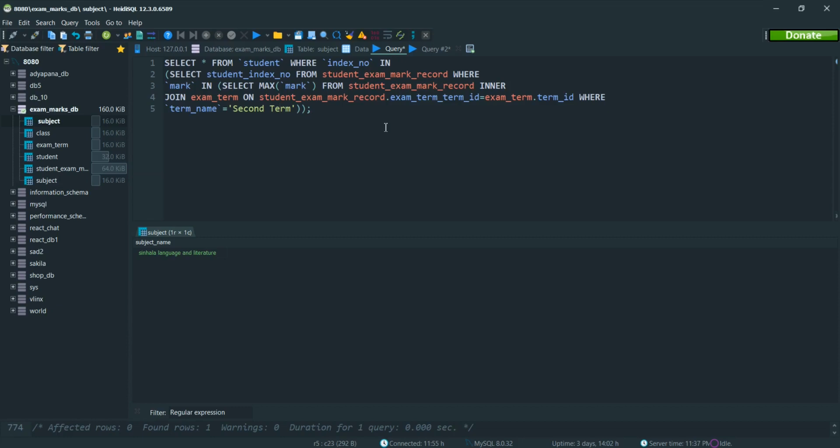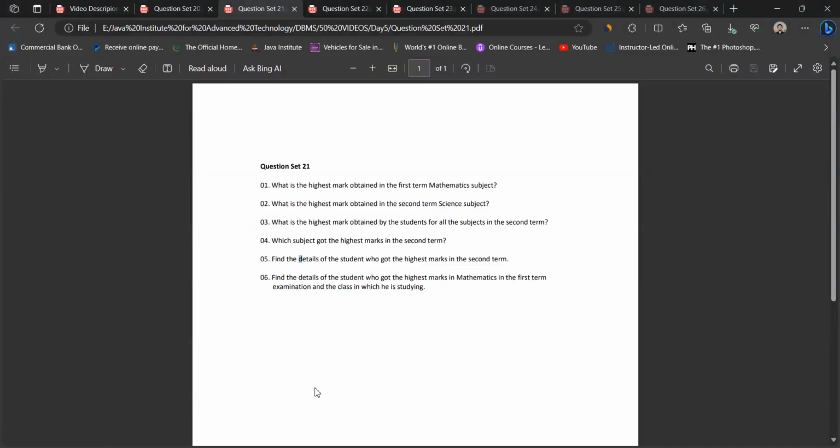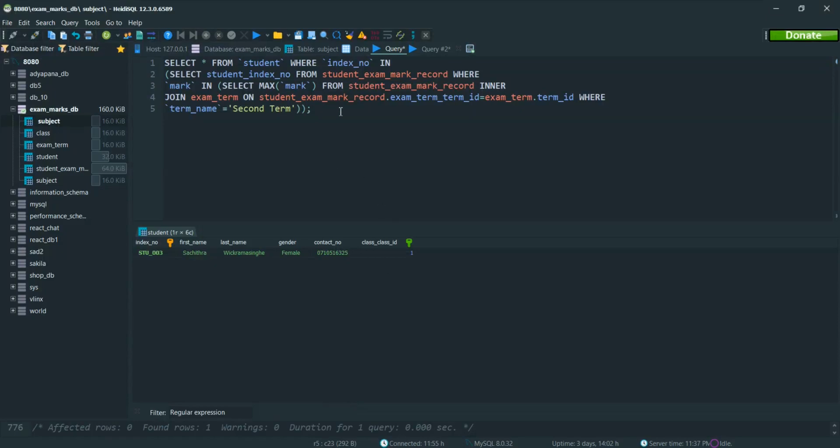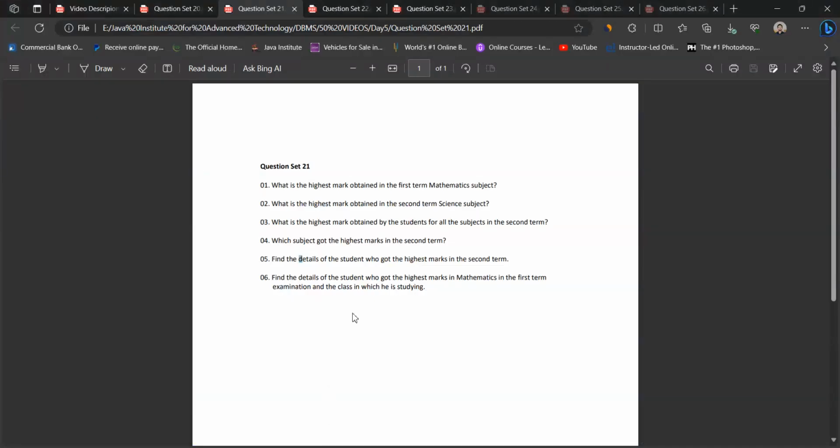So now let's execute and see. So here are the details of the student who got the highest mark in the second term test. Next question.